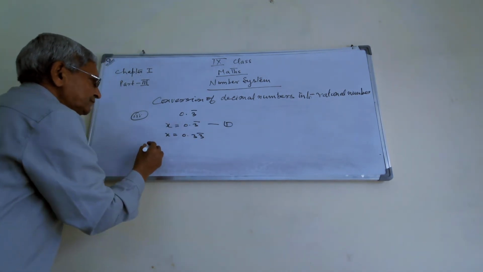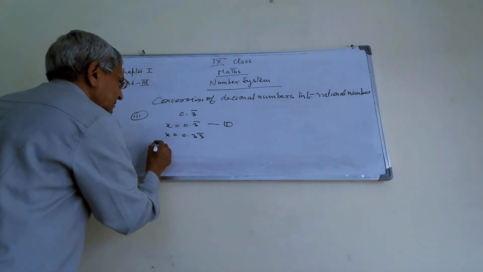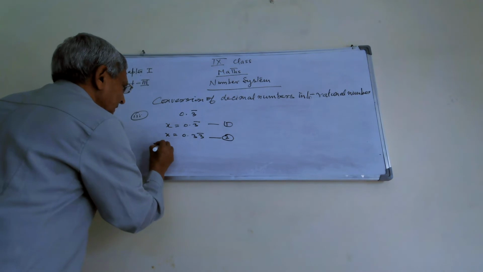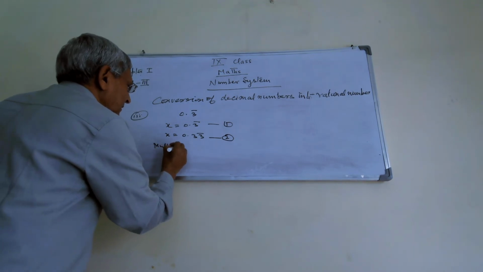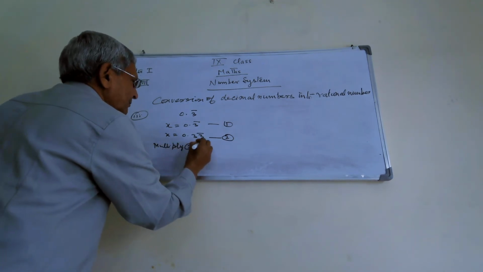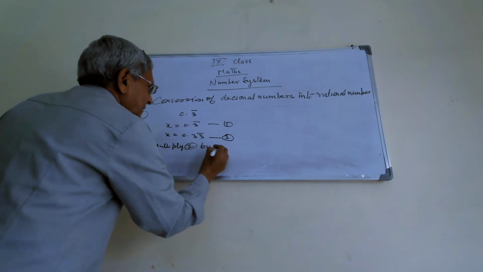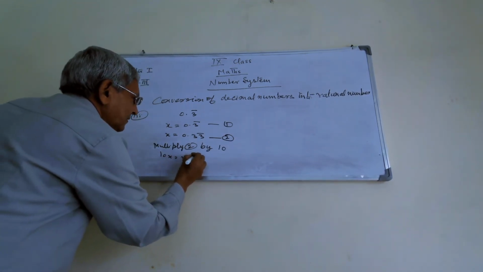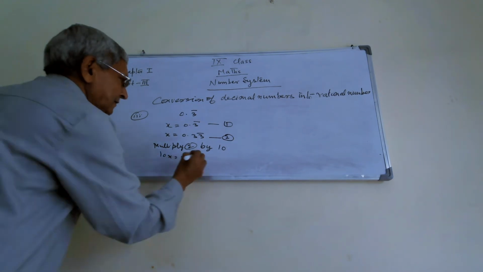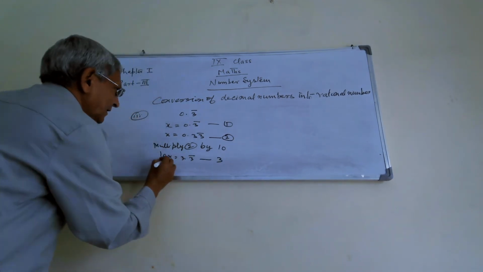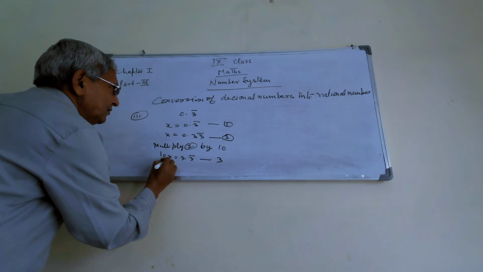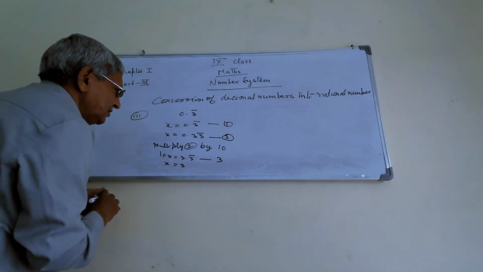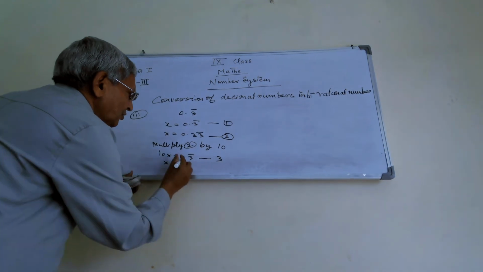We can write this number equal to this. Now multiply the second by 10: 10x is equal to 3.3 bar. This is third. And write down the first, x is equal to 0.3 bar.